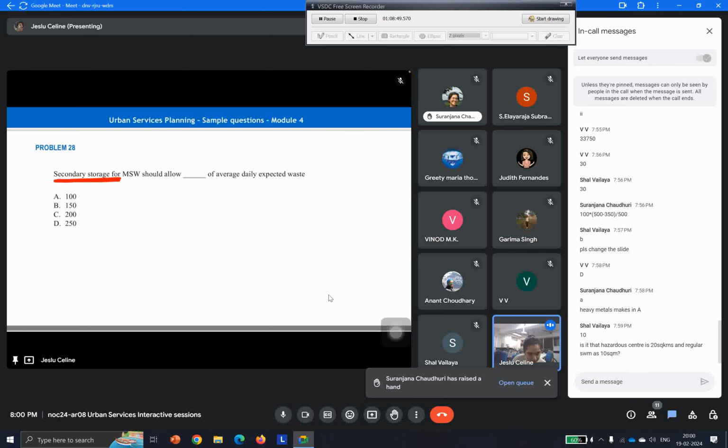Is it that the hazardous center is 20 kilometers and regular is 10 square meters? Okay, regular is 10. Okay, that I might have to check. Regular, we usually have door-to-door collection facility, right? If there are community bins, then you have certain regulations for that.